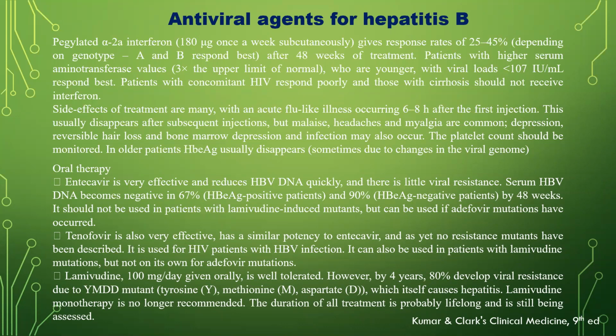Tenofovir is also very effective, has a similar potency to entecavir, and as yet no resistant mutants have been described. It's used for HIV patients with HB infection. It can also be used in patients with lamivudine mutation, but not on its own for adefovir mutation.